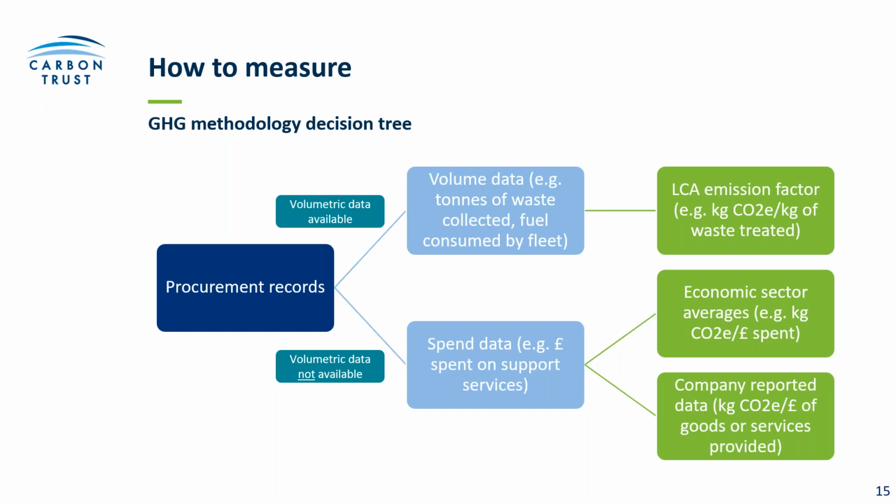However, if we look at the next branch down on this decision tree, if the volumetric or activity data isn't available, then we can start looking at the spend data. And we have two options here. The emission factor may be available from the supplier themselves.